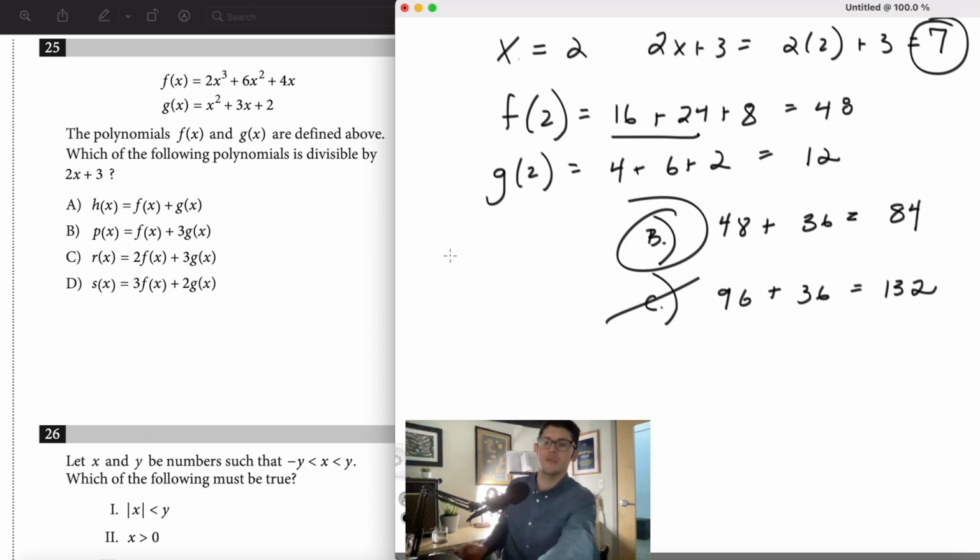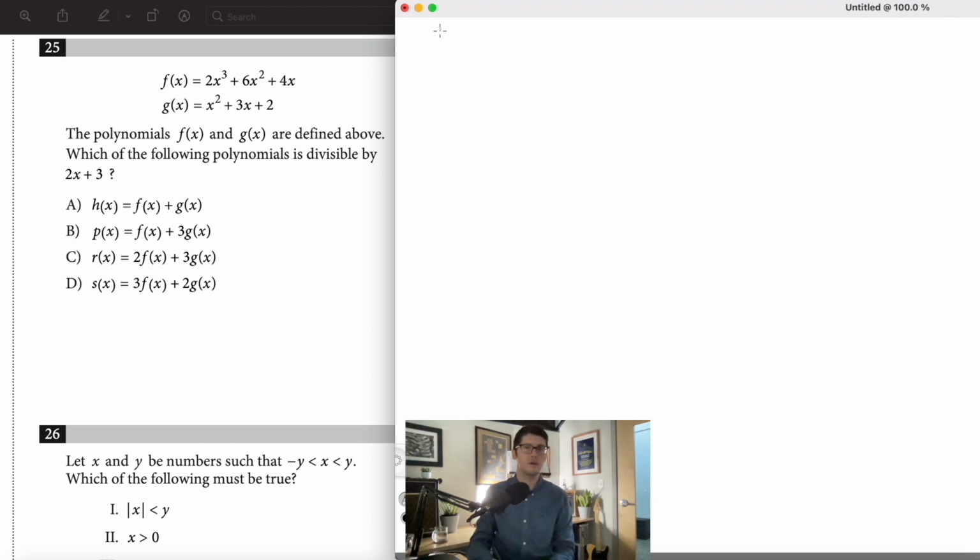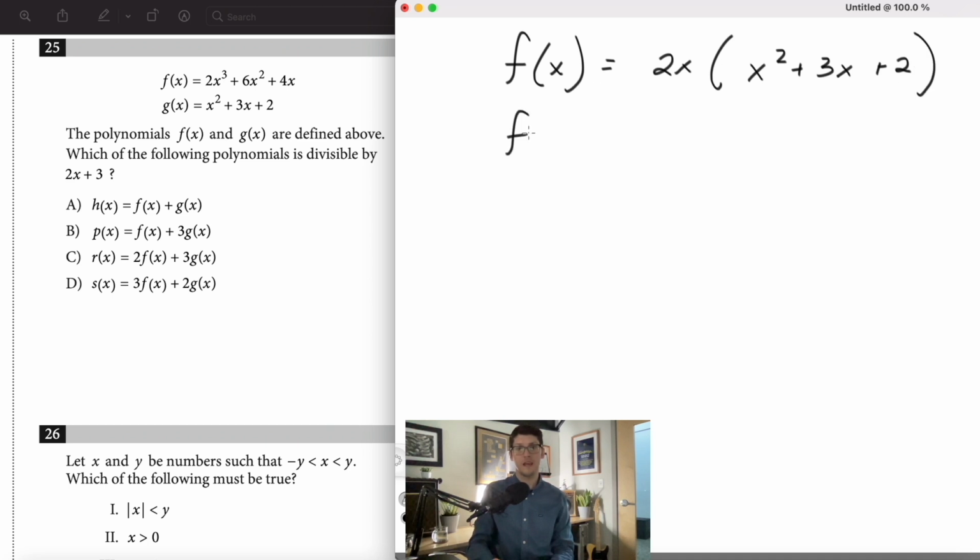I'm going to explain to you what they actually want you to do here. What they want you to do, which is a big challenge, is to see f of x as 2x times x squared plus 3x plus 2. Which, if you'll notice, means that f of x is 2x times g of x. g of x is x squared plus 3x plus 2.